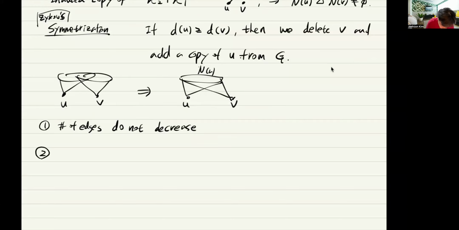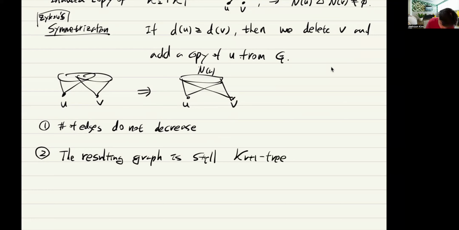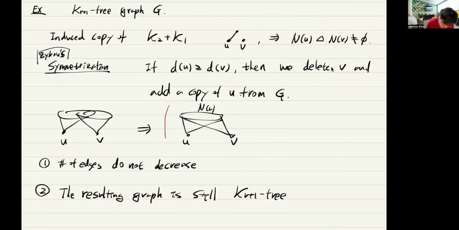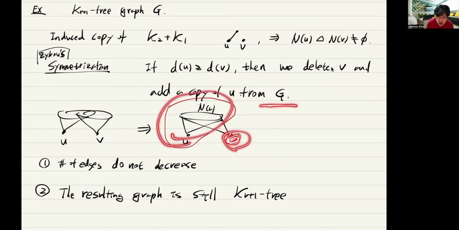And two is that the resulting graph is still K_{r+1}-free. Why? If you just see this part, if you forget the one vertex, this is a subgraph of G, so there is no copy of K_{r+1} here.